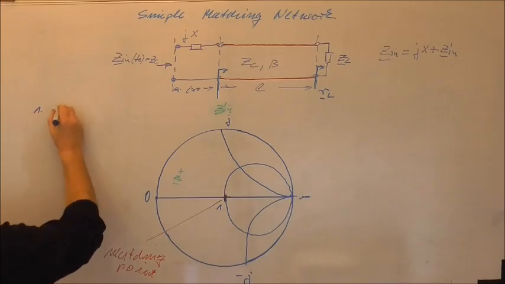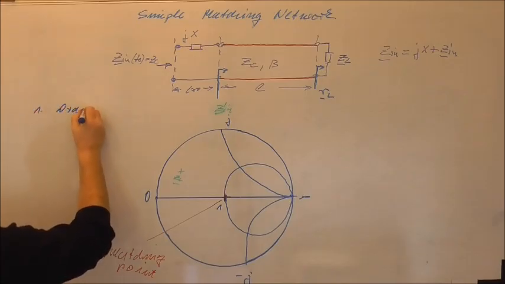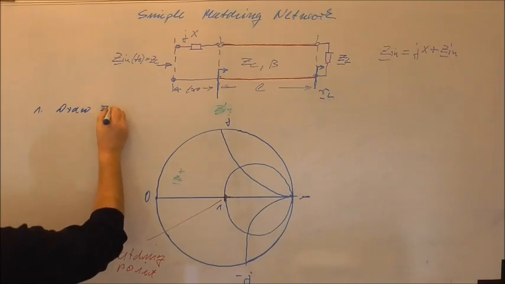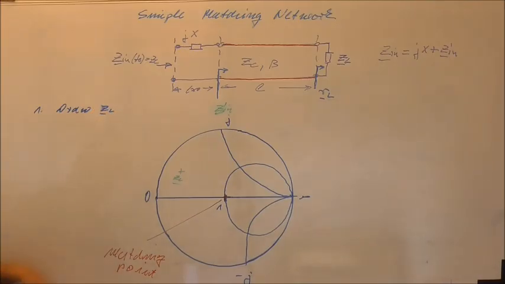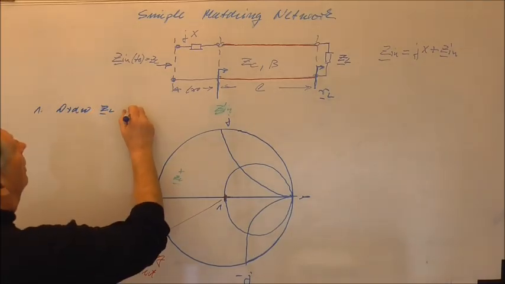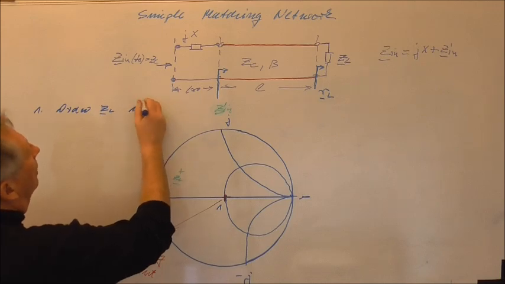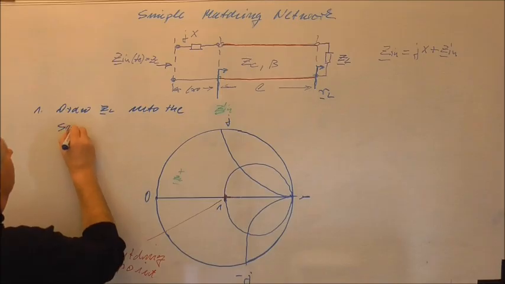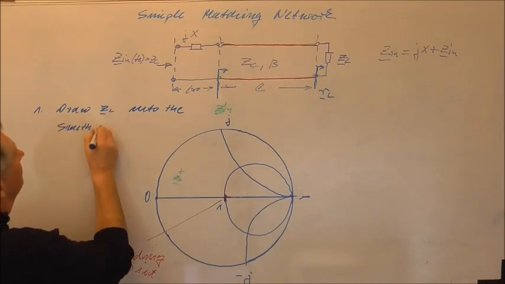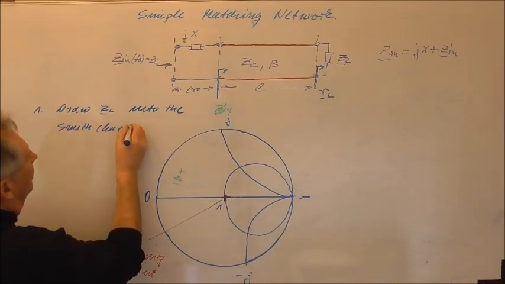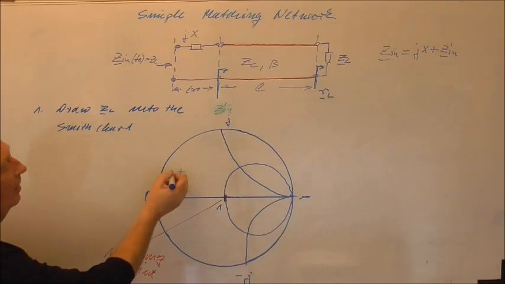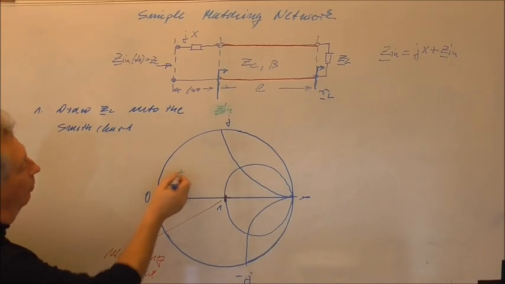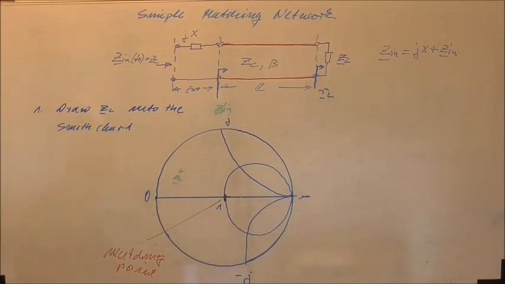First, draw z_L, the normalized load impedance, into the Smith chart. So that means I just draw in this cross here in the Smith chart. So this will be the first step.